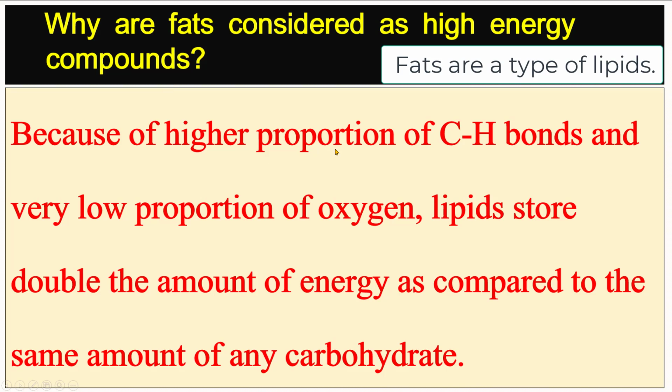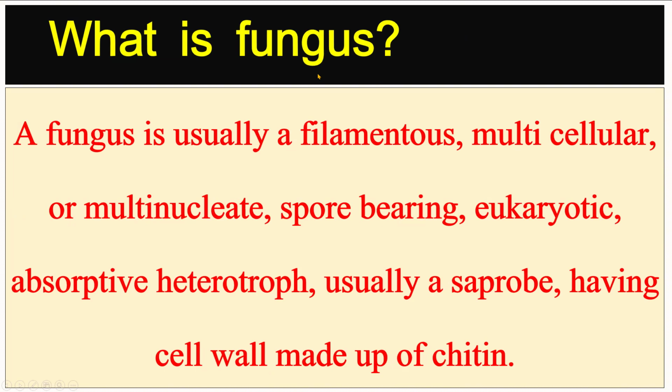Because of higher proportion of carbon-hydrogen bonds and very low proportion of oxygen, lipids store double the amount of energy as compared to the same amount of any carbohydrate. What is fungus? A fungus is usually a filamentous, multicellular or multinucleate, spore-bearing, eukaryotic, absorptive heterotroph, usually a saprobe having cell wall made up of chitin.